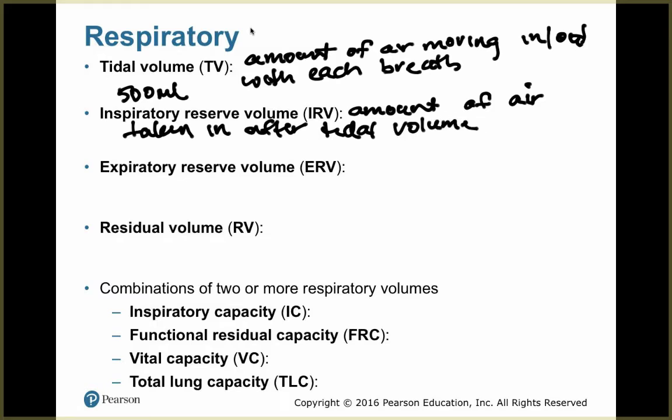If you're just breathing in and out, and then you're about to go underneath water, it's not a normal breath, you really go in. That amount of air that you're taking in over what you normally breathe is what's considered inspiratory reserve. And this is anywhere from 2,100 to 3,200 milliliters.